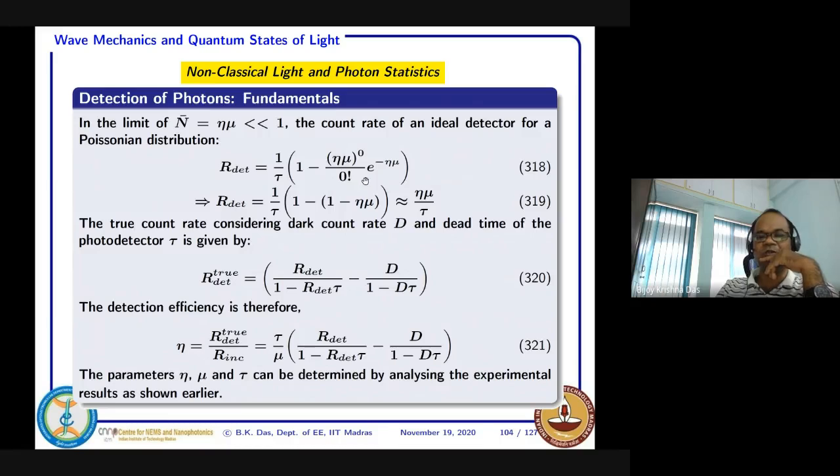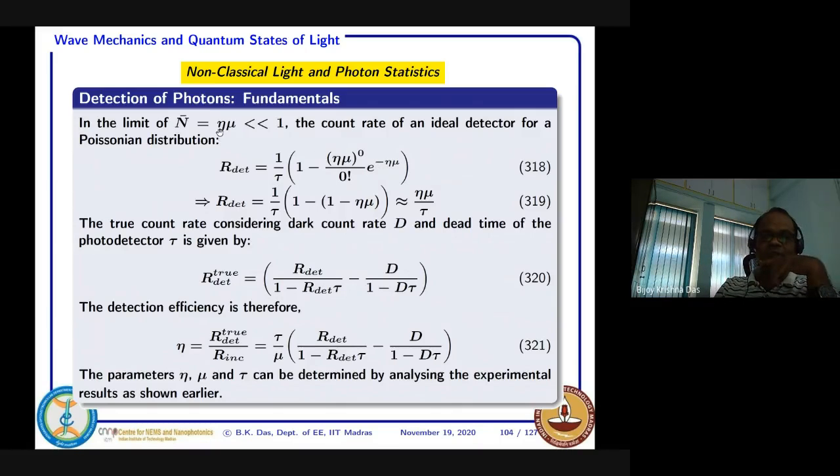And if this is the probability for a time window tau, then the rate will be divided by tau. So this is how we say the detection rate at your photodetector follows the Poissonian rule that we have explained earlier.